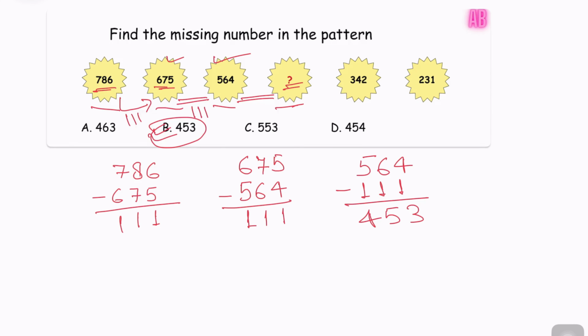As this number was smaller and this was greater, we subtracted 675 from 786. We got 111. We did the same thing with these two numbers and we got the same result, 111. So if we subtract 111 from 564, we will get this number, right? That's what we did and we got this answer.